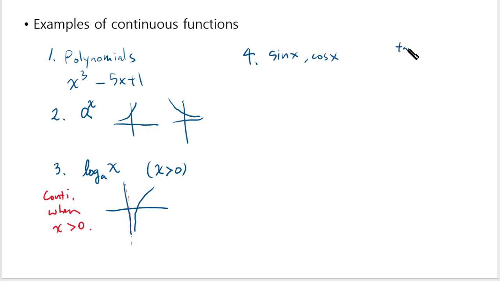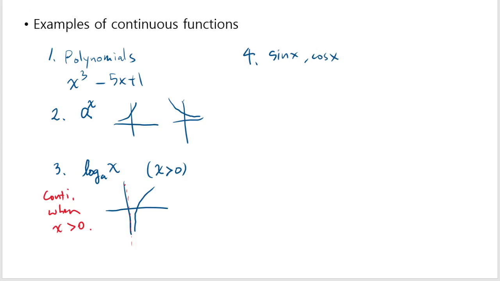For example, if you have tangent of x, the graph goes like this, there's a vertical asymptote here, and there are infinitely many vertical asymptotes. But that's not too important. You don't have to write this if you're taking notes. You just have to know that sine x, cosine x are continuous, right?